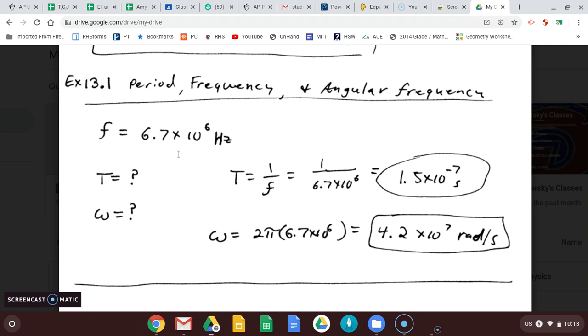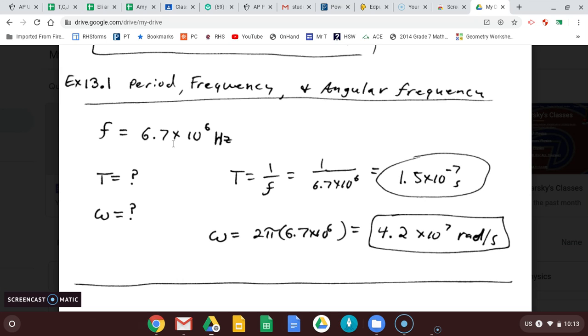So if this was the frequency of a back and forth swinging object, I know it's a little crazy high for something like that, but just for ease of explanation, this represents how many full cycles occur per second of something oscillating back and forth. So anything going back and forth that has a 6.7 times 10 to the 6 hertz frequency, what that really means is that in 1 second, it completes 6.7 times 10 to the 6 full oscillations.